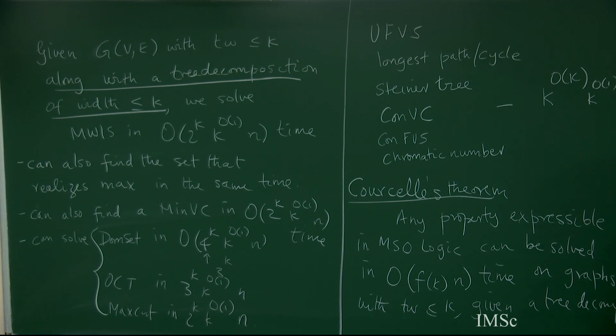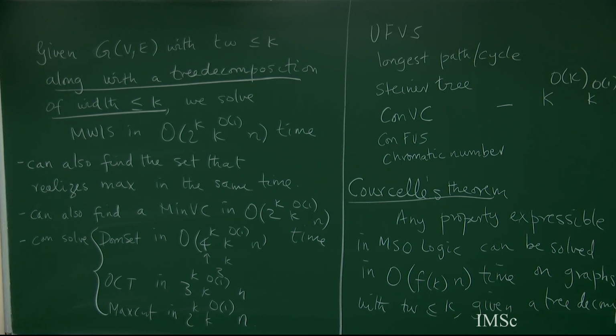One single bag, right? You take one single bag, put the entire vertex set into the bag, that is a tree. It satisfies all the properties of the tree decomposition. Every vertex is covered, every edge is covered, and connectivity, all that. So there is always a tree decomposition whose width is at most n minus 1. This is useful to know.